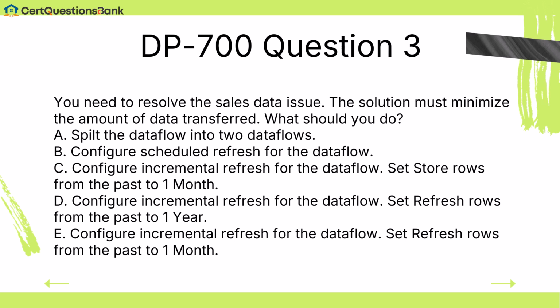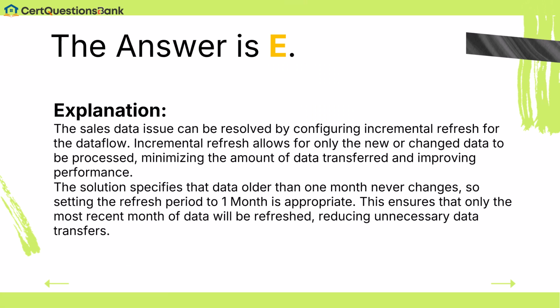Set store rows from the past to 1 month. D. Configure incremental refresh for the dataflow. Set refresh rows from the past to 1 year. E. Configure incremental refresh for the dataflow. Set refresh rows from the past to 1 month. The answer is E.